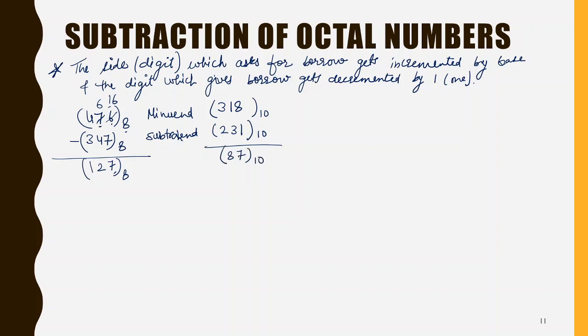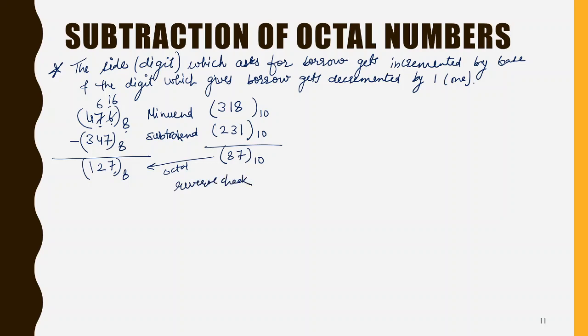If you convert it into octal, you receive 127 in octal. 64 plus 16 plus 7 gives us 87. This way we can reverse check that our answer is right.